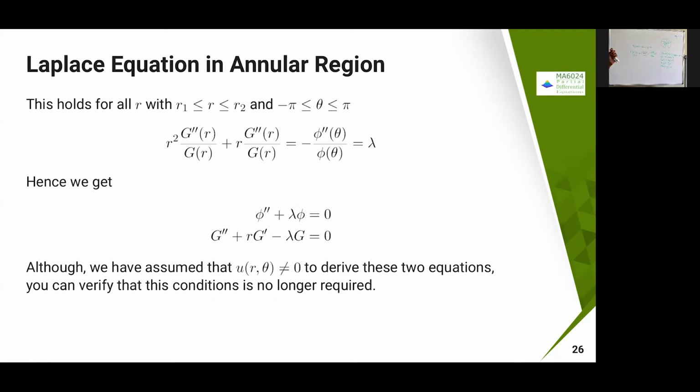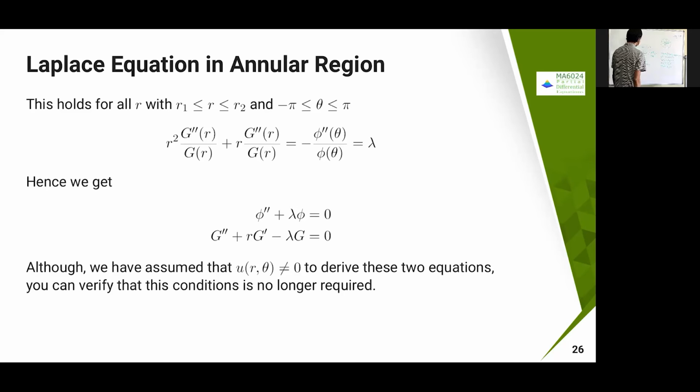So I can rewrite this equation in this format: phi double dash plus lambda phi equal to 0, one equation, and then r square g double dash plus r g dash plus lambda g is going to come.